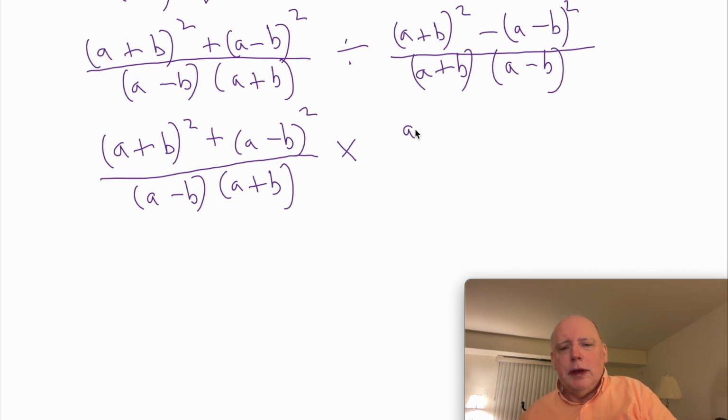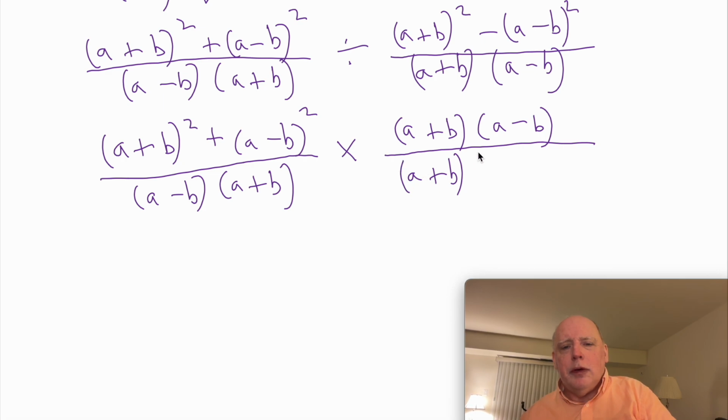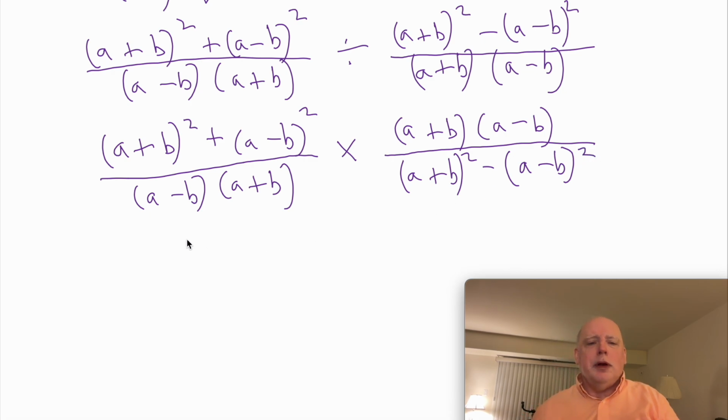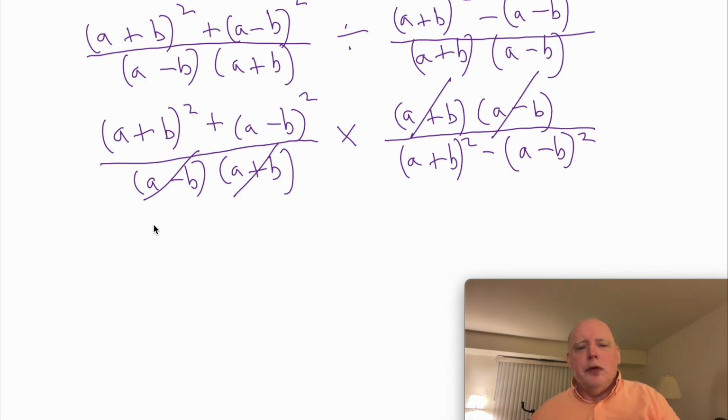So it's a plus b, a minus b. So we've just turned it upside down. And it's a plus b squared minus a minus b squared. A lot of a's and b's running around. And now these cancel, fortunately. Same factor in the numerator and the denominator. They will cancel. And it'll take us closer to what we want.